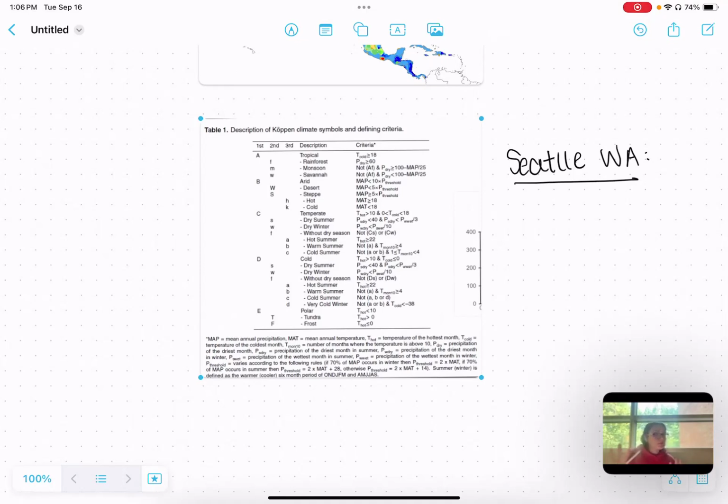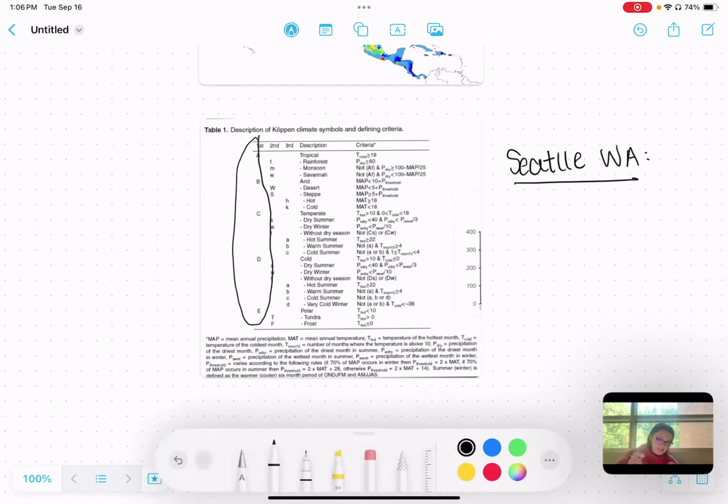And it's okay if you didn't know any of that, but maybe you can look at these lists of at least the first letter and identify at least one you can get rid of and not have to worry about. For example, Nashville, Tennessee is not a polar tundra. It's not covered in ice. So let's get rid of E.